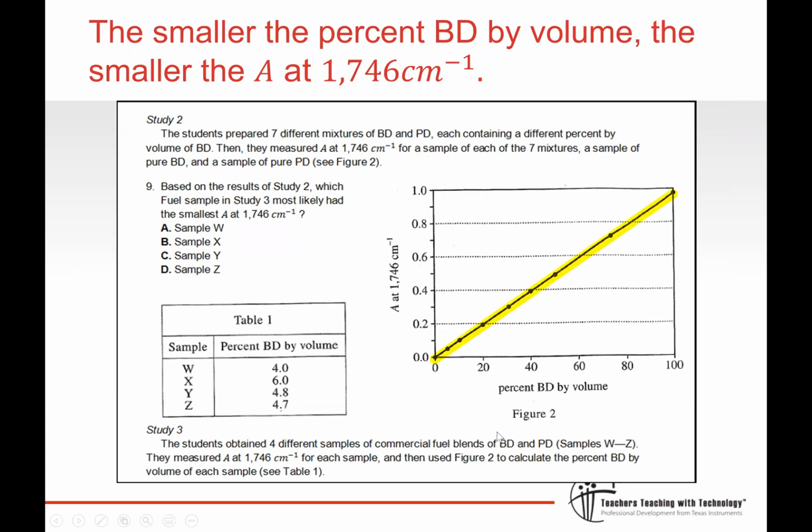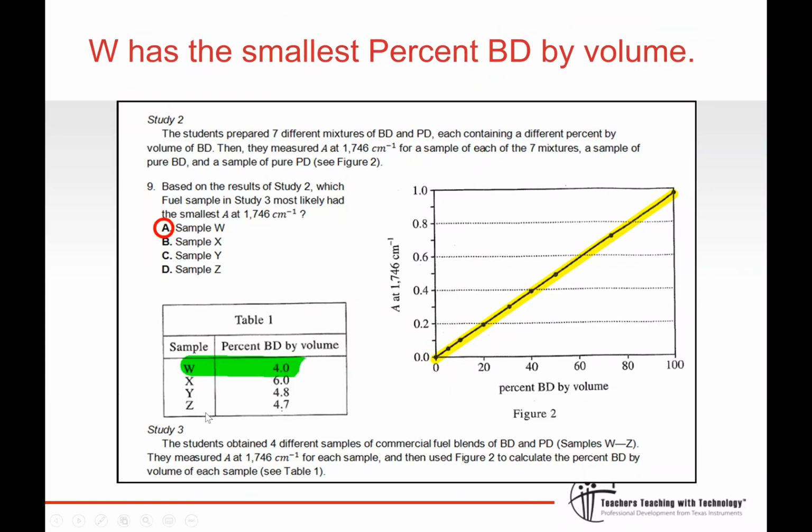And what we should notice is that as percent goes up, so does the A value, right? However, as percent goes down from 100 to 0, the A decreases as well. So if I'm trying to find the smallest A value, I should try to find something with the smallest percent.